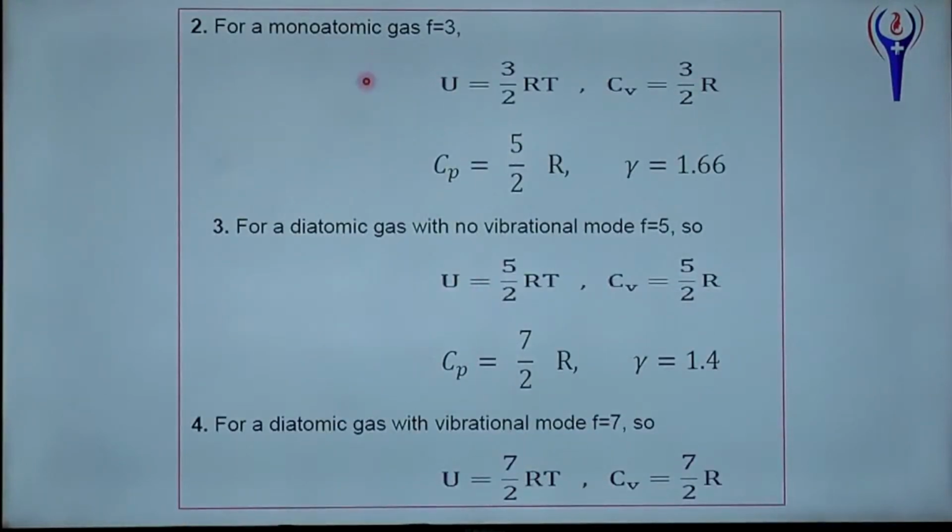For monoatomic gas, F equal to 3 degrees of freedom. That is only translation motion. So U equal to 3 by 2 RT. That is, 3 is the degrees of freedom. And Cv equal to d by dT of U, as we said, so T will be removed.